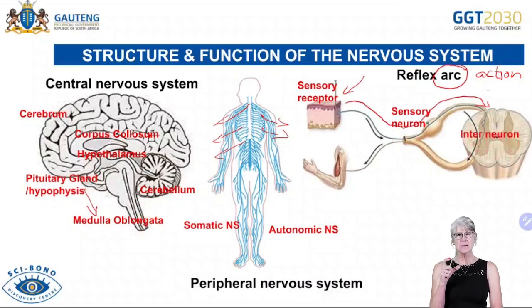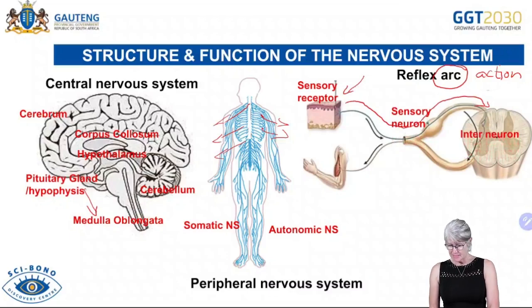Inter means between. So that's the neuron that's part of the central nervous system, and it's going to analyze and integrate the information that it has received via the sensory neuron, and then it's going to effect a response. Because that's why you're getting the information there, so that balance can be restored.